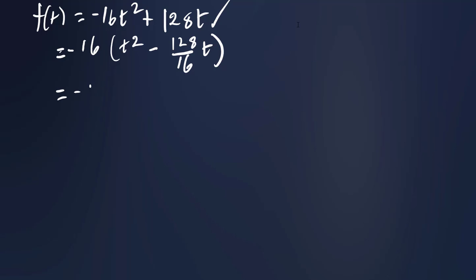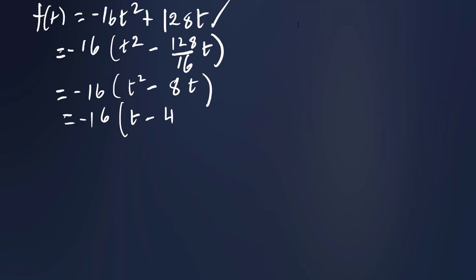So what we can say is minus 16 t squared minus 128 divided by 16, which is 8t. Okay, so we can rewrite, we can say it's equal to minus 16 factor in t minus 8 divided by 2, which is 4, squared, minus 4 squared.